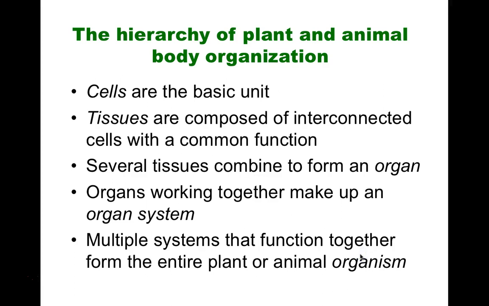In biology, we have a hierarchy to organize what makes an organism. If we take a look at an organism, the very fundamental building blocks, again, we're thinking usually of a plant, animal, or fungi, something multicellular. The cell is the basic unit.